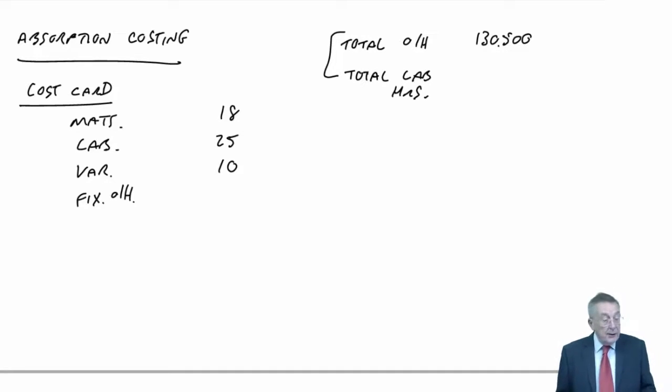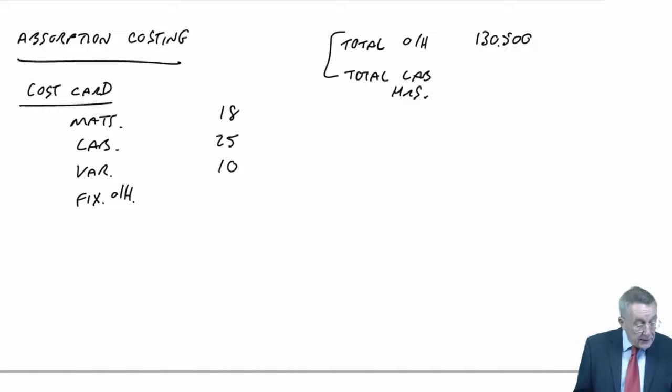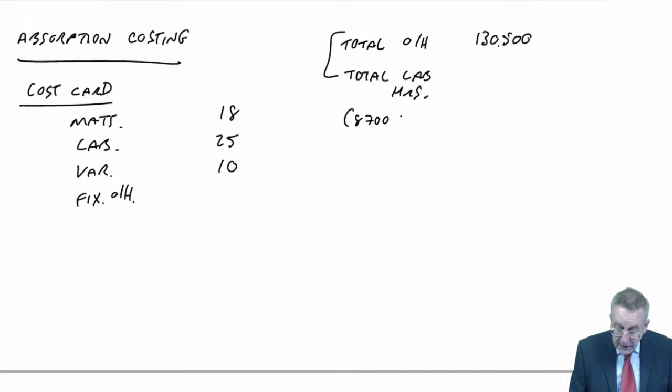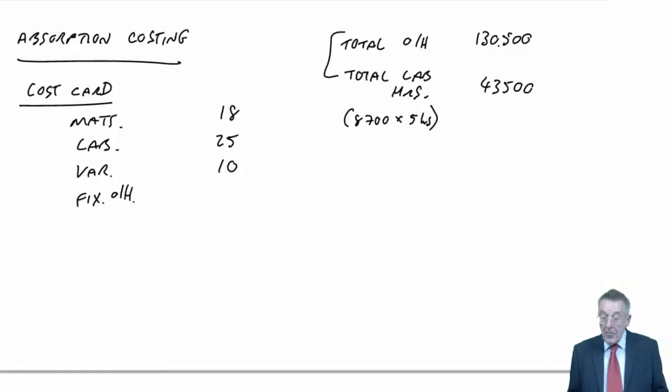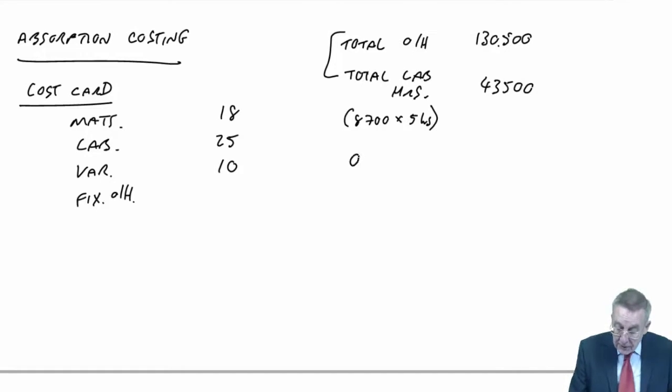So we budgeted 130,500. The hours, we were budgeting on producing 8,700 units and taking 5 hours a unit. And so we're budgeting on 43,500 hours. So the overhead absorption rate is 130,500 over 43,500.